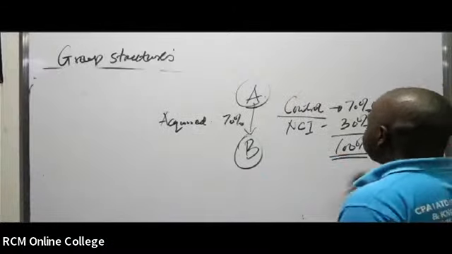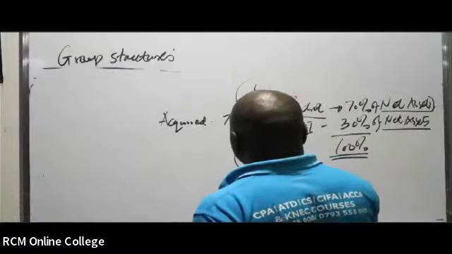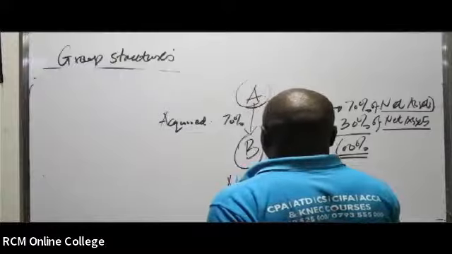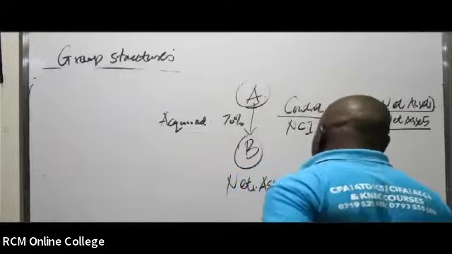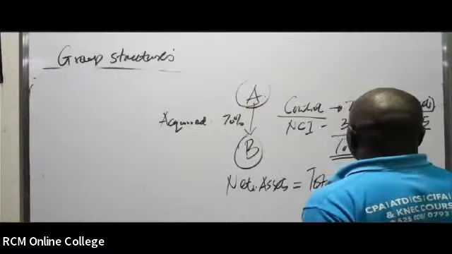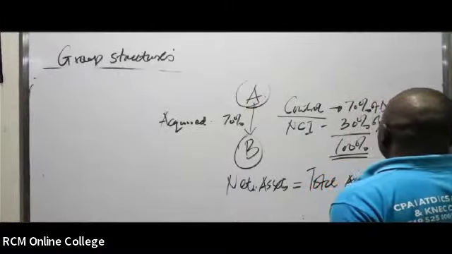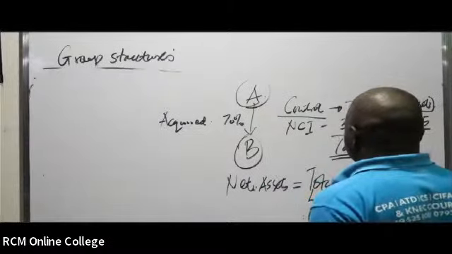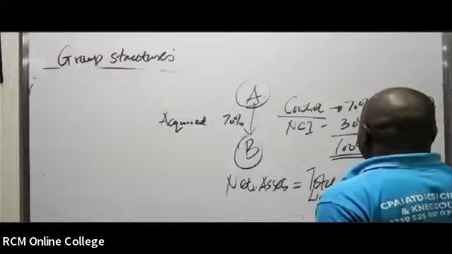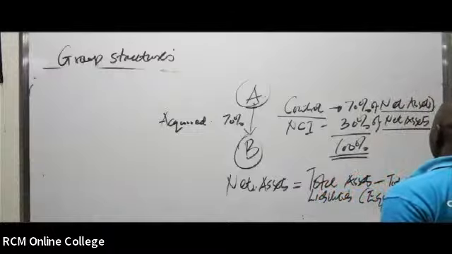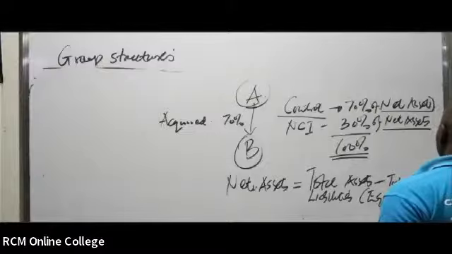Net assets, as you already know, is equal to total assets minus total liabilities, which is the equity part of the statement of financial position.